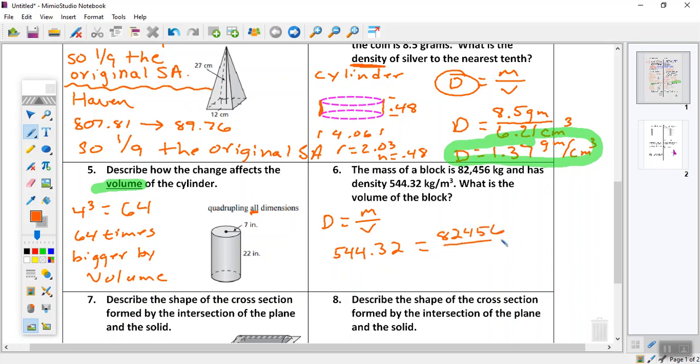I don't know my volume. How are you going to solve for volume, kids? Can I make this a proportion now? Cross multiply and divide. Okay, so somebody punch that up. Run that number for me. Cross multiply and divide.